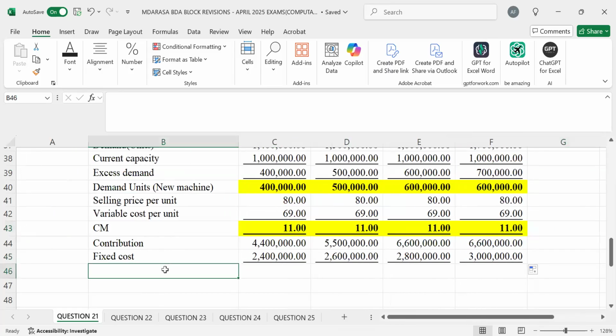To determine our profit before tax, just a moment here.